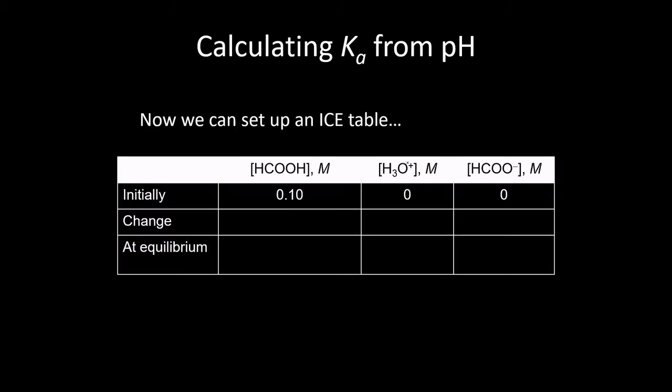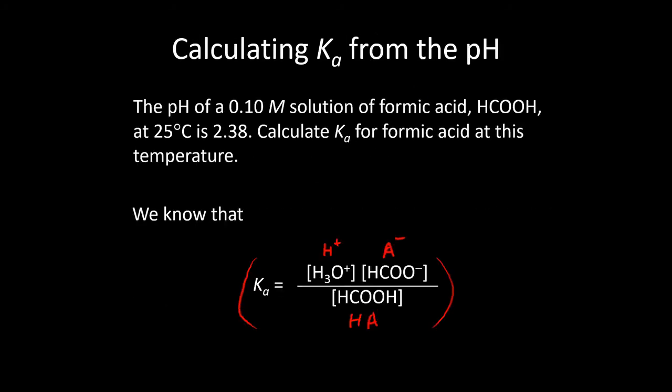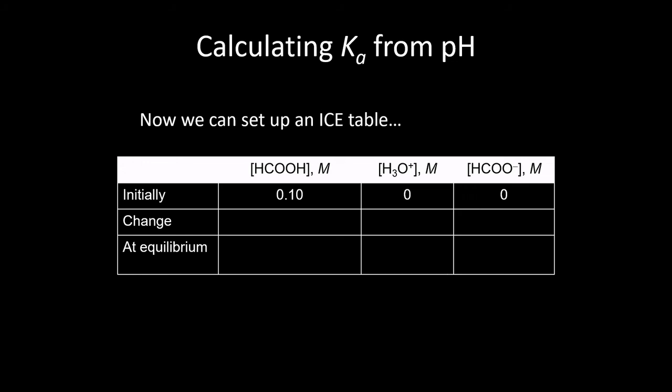We're then going to plug those numbers into an ICE table. We know from the problem that we initially started with 0.1 molar of the acid, and since we weren't told anything about the H plus or the formate, because it's formic acid, we just assumed there's none of them.